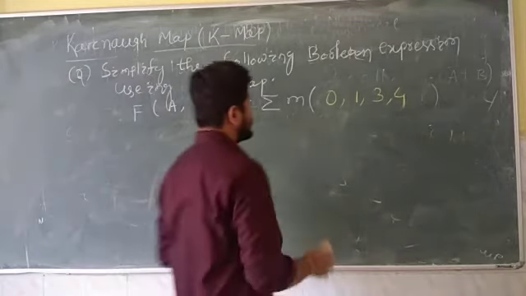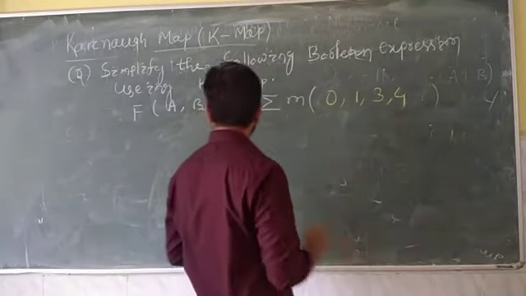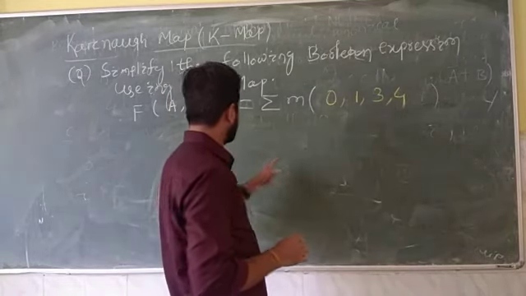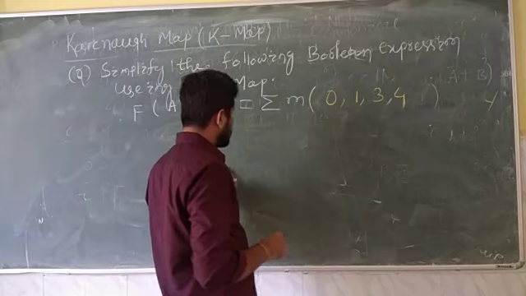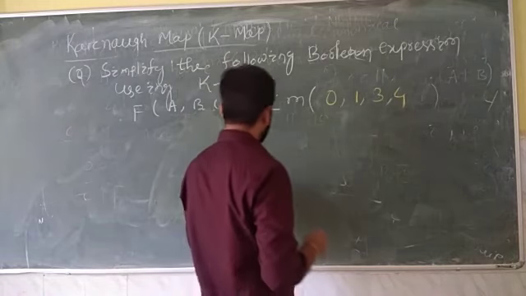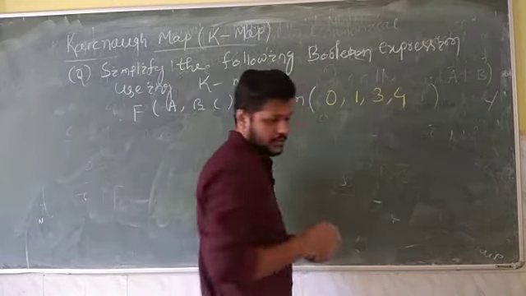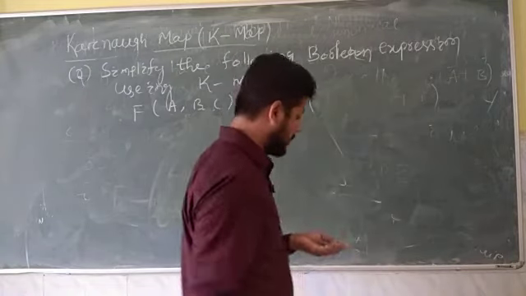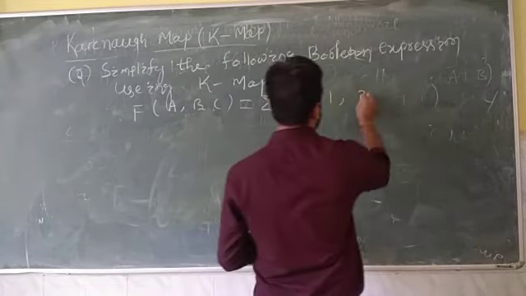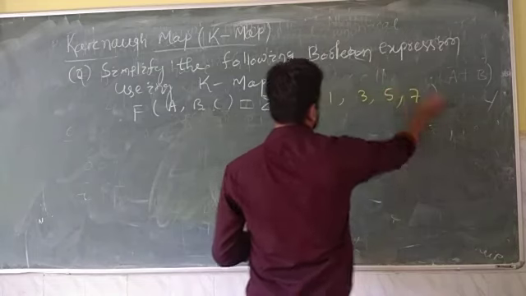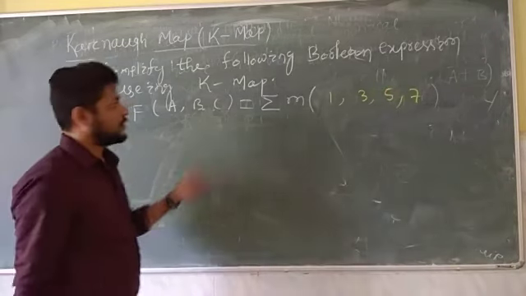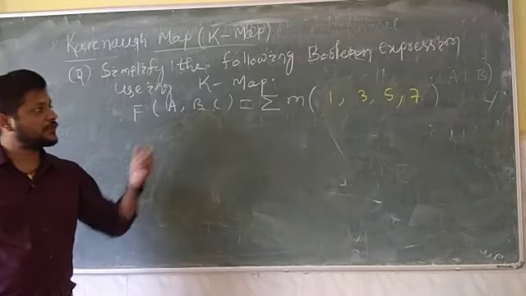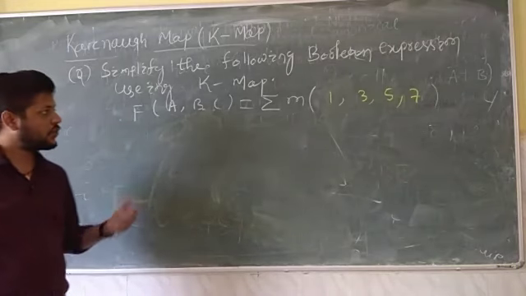One more example is 1, 3, 5, 7. Minimize the expression by using K-map. F is a function of ABC and the minterms are given as 1, 3, 5, 7. So this is a homework question for you.